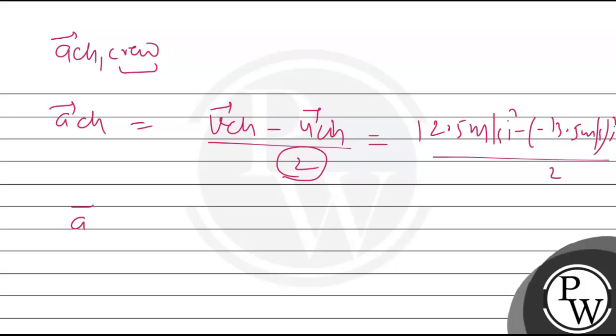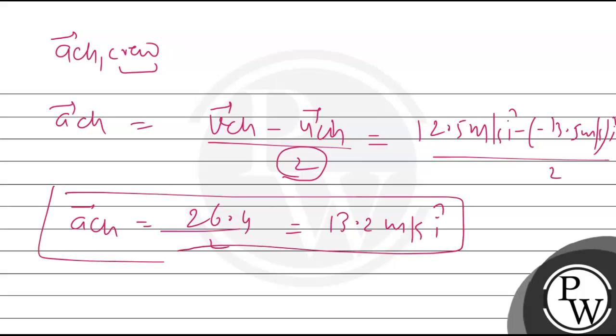If we solve this, we get the acceleration of the cheetah with respect to the crew member as 26.4 upon 2, which is 13.2 meter per second square i cap. As we can see, this is in the i cap direction, which is eastward, and the magnitude is 13.2.